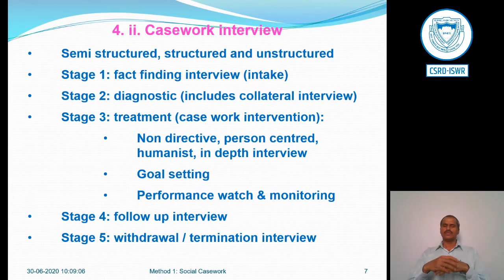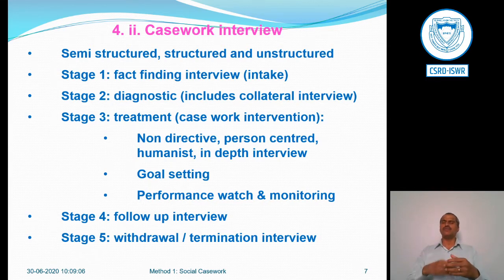Now, the last type of interview, that is the withdrawal or termination interview. You know, this termination interview or withdrawal interview is very important part of casework. For about 6 months, the caseworker and client have established so much confidential, trustworthy, very close, intimate relationship.